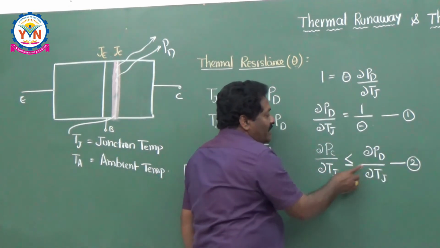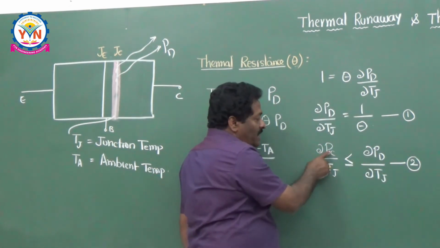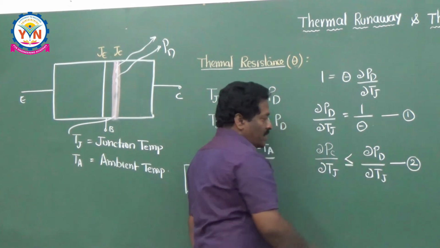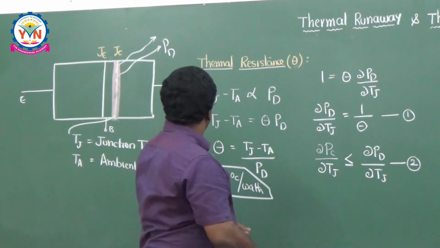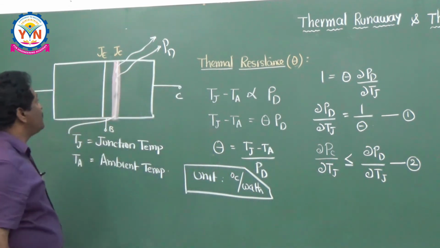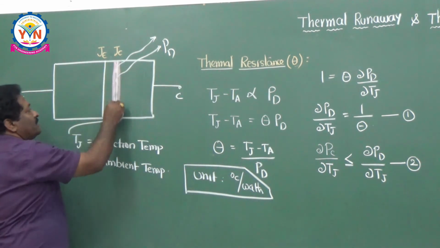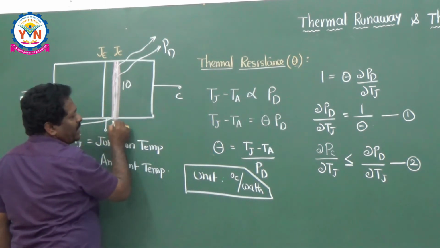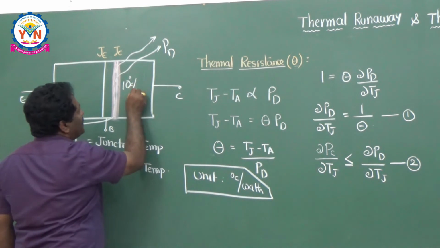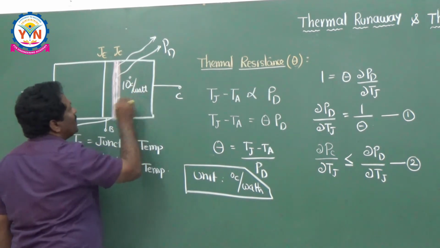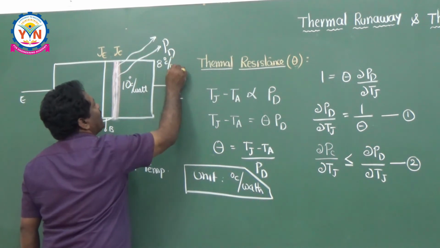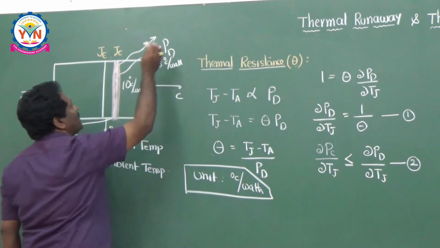So, the second equation is telling dou Pc by dou Tj should be less than or equal to dou Pd by dou Tj. For example, if you are taking the collector junction here, and at the junction, let us say that 10 degrees centigrade for watt is actually generating and 8 degrees centigrade for watt is actually dissipation to the surroundings.